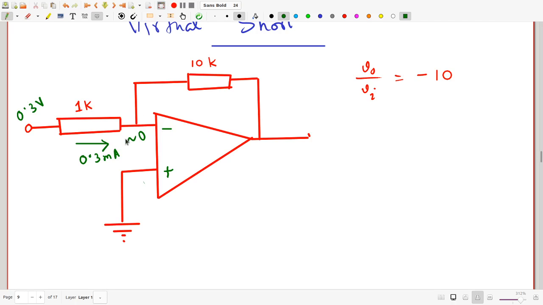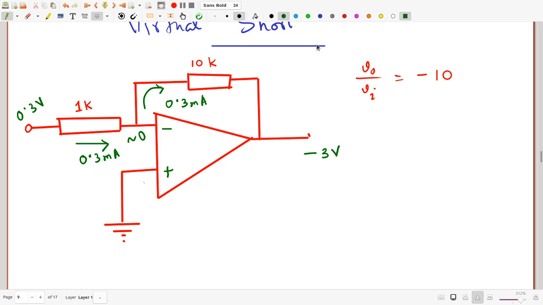All of this current, or nearly all of it, goes through the branch up here, since only nanoampere order current goes into the op-amp. So when 0.3 milliamperes is flowing through 10K, you are going to get a 3 volt drop. And that means that this end will end up at minus 3 volts. So that's fine. We have understood basically how this ends up giving a gain of minus 10.